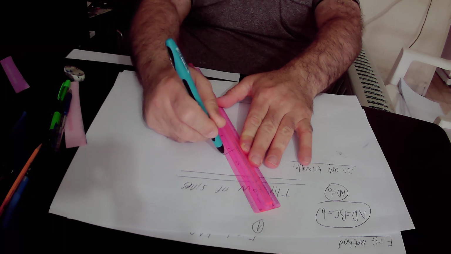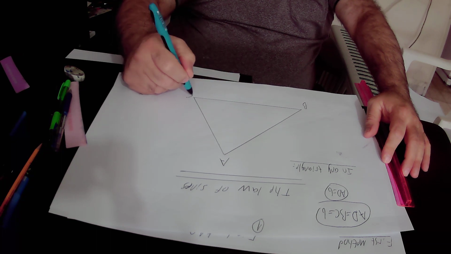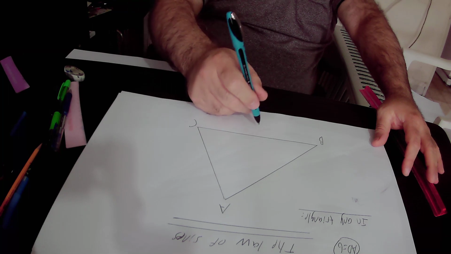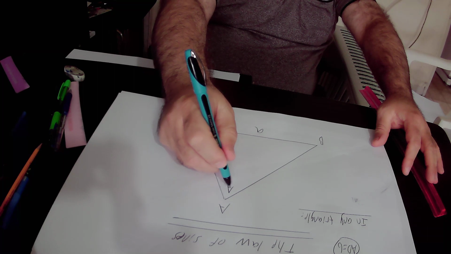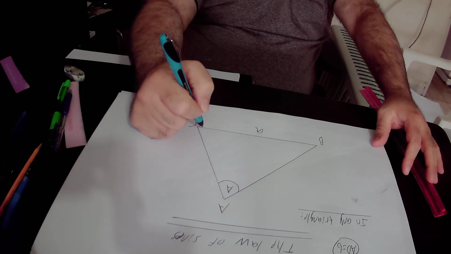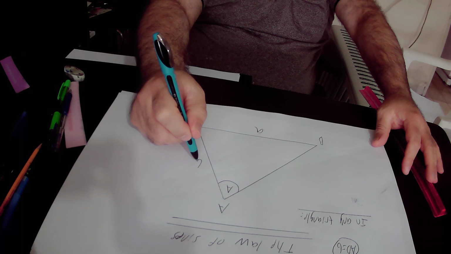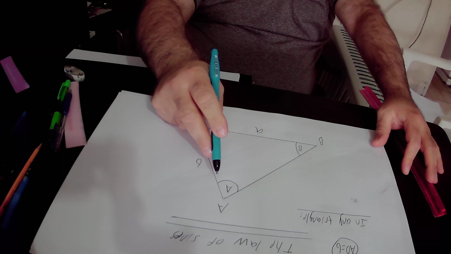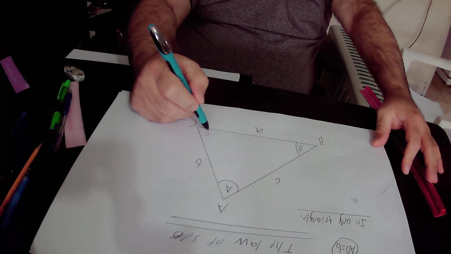We know that side BC of triangle ABC equals A units in its length. This is angle A. Side AC equals B units in its length. This is angle B. Side AB equals C units in its length. This is angle C.